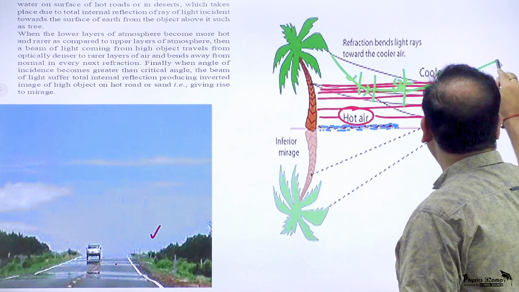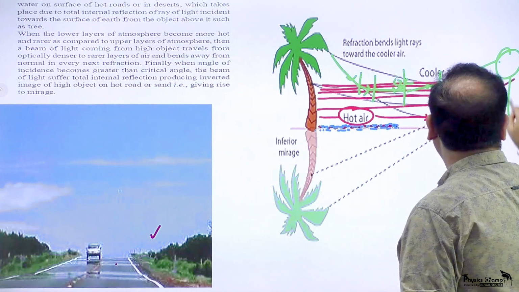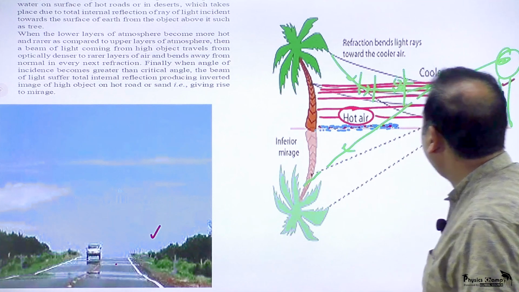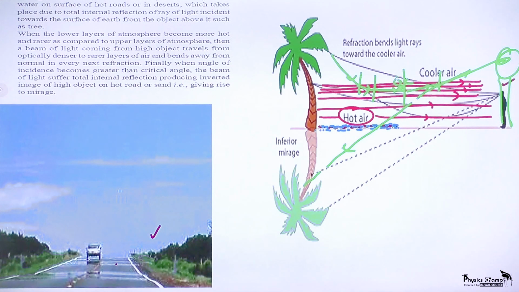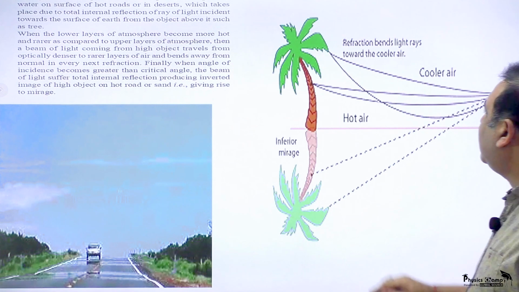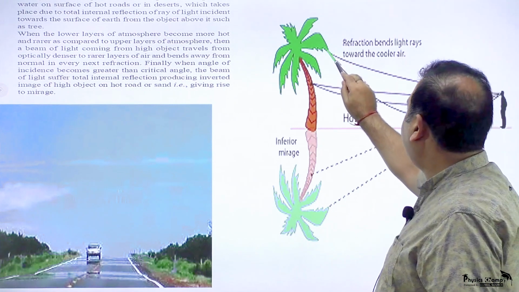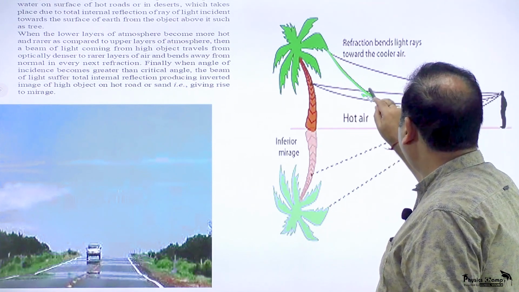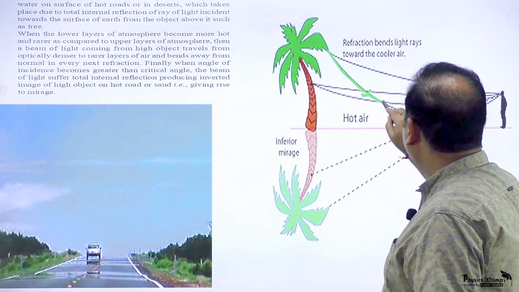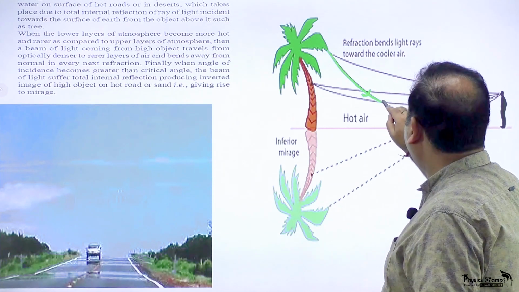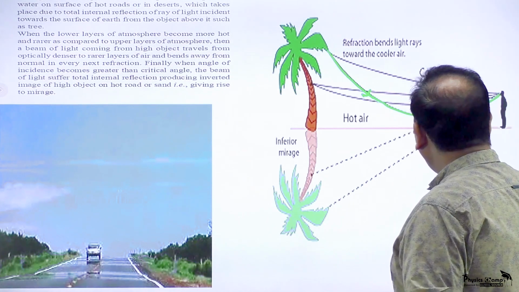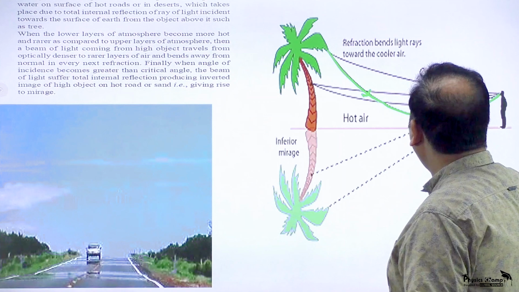And that's why a person who is observing maybe somewhere here will observe as though the ray is coming from somewhere here. So the point is that the light ray, which is traveling from a denser medium to a relatively rare medium, has more and more angle of incidence, and at one point it tends to reflect back completely. So there is a total internal reflection at one point.